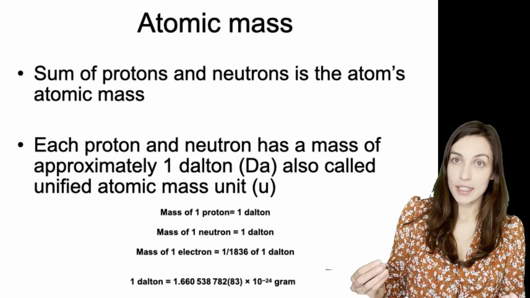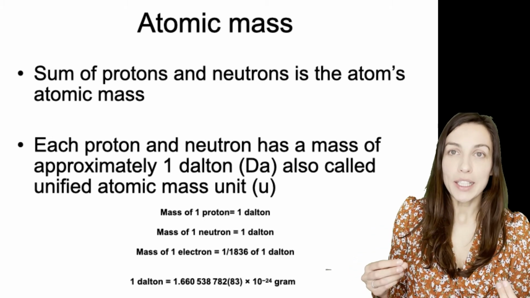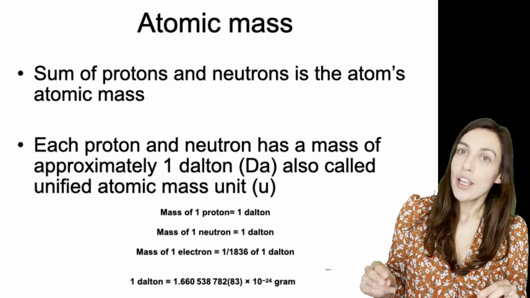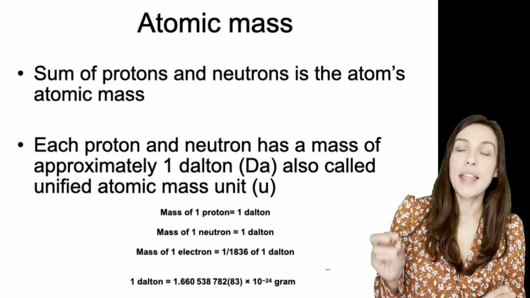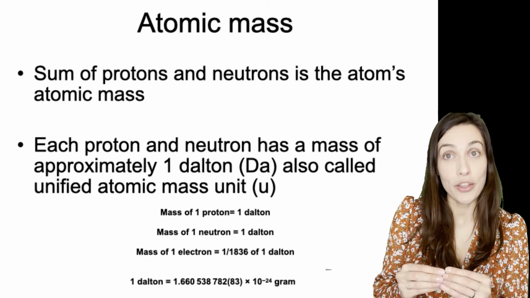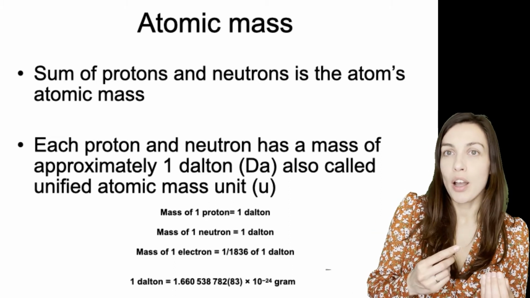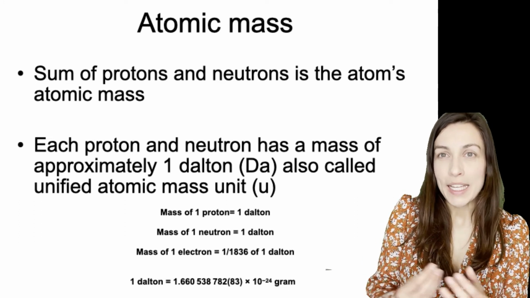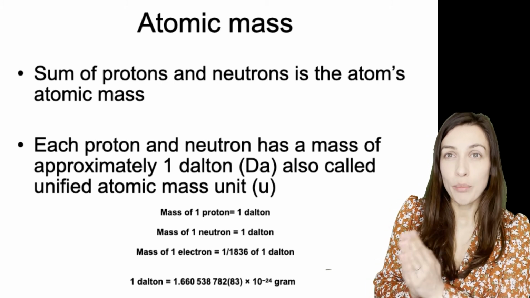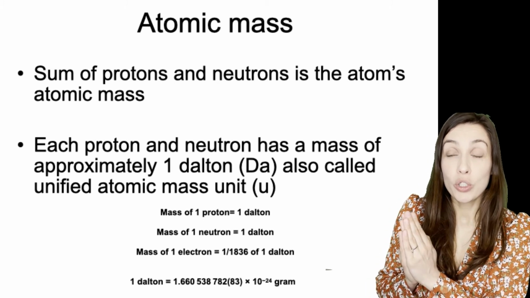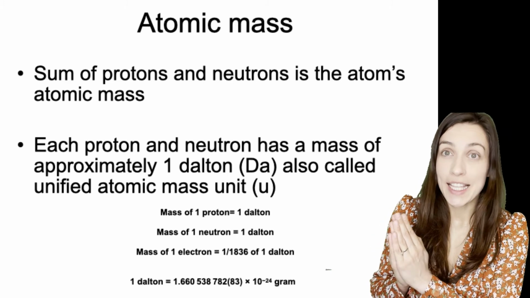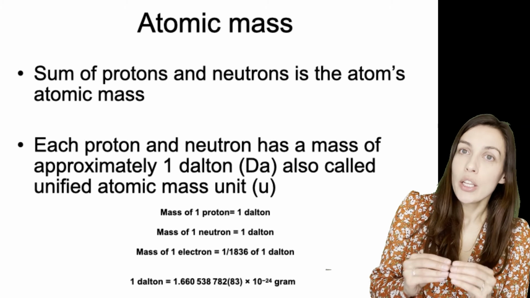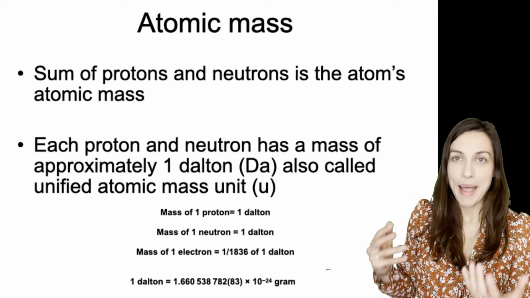So for us, the way that you calculate the mass of an atom is by adding the number of protons and the number of neutrons together. Since both a proton and a neutron have a mass of 1, it's pretty easy math. So if you know the number of protons, which you do always know because it's the atomic number, and you know the number of neutrons, you can add them together and get the mass of an atom.